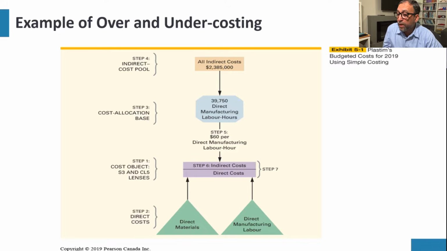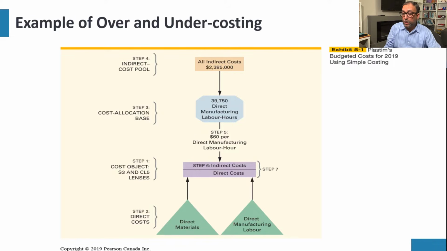They use the method to distribute this cost based on direct manufacturing labor hours. The total direct manufacturing labor hours is 39,750, out of which 30,000 is used by the simple lenses and 9,750 is used by the complex lenses.